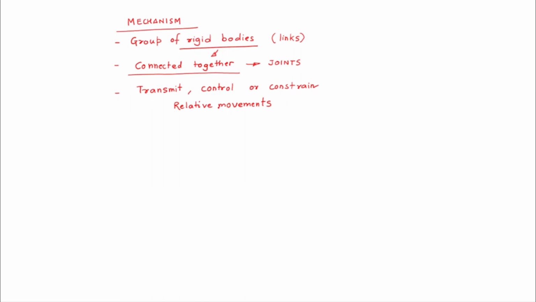To understand this concept, let us take an example. Consider we are having a link AB. The end of link AB, that is A, is hinged. The link AB is connected to another link, that is link BC.